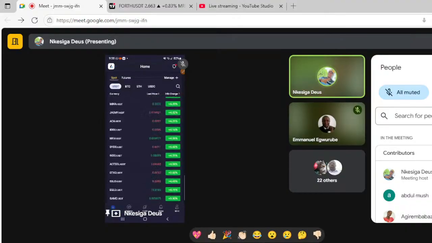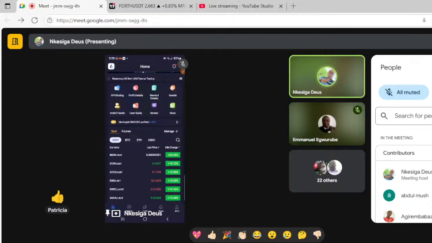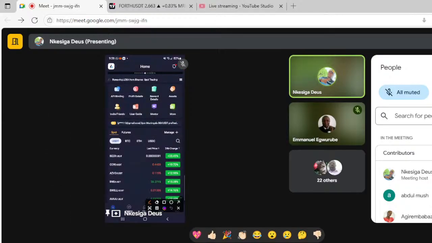Now for you to know that this coin is under futures, you should come here on futures, and here at the top, consider here I'm on HTX, meaning I'm looking at coins that can be traded under futures on the HTX exchange. Hope you are getting it.